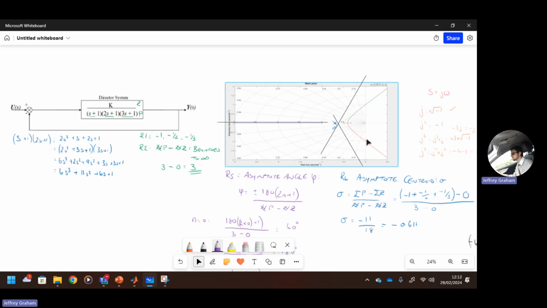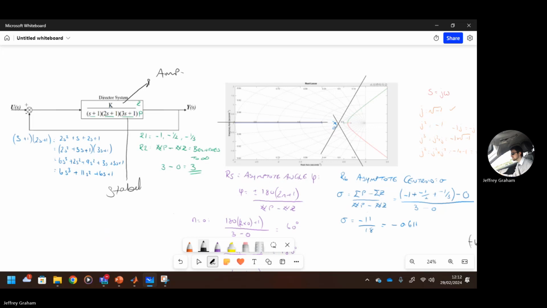This particular point is the point of neutral stability. We've also got amplitude on top, stability on the bottom. Right, that concludes the session.